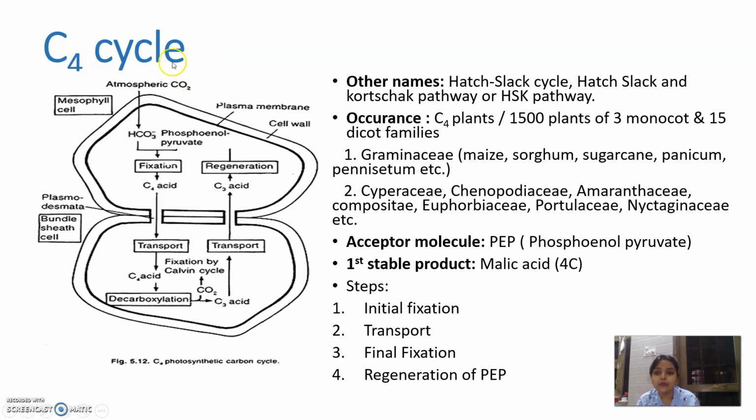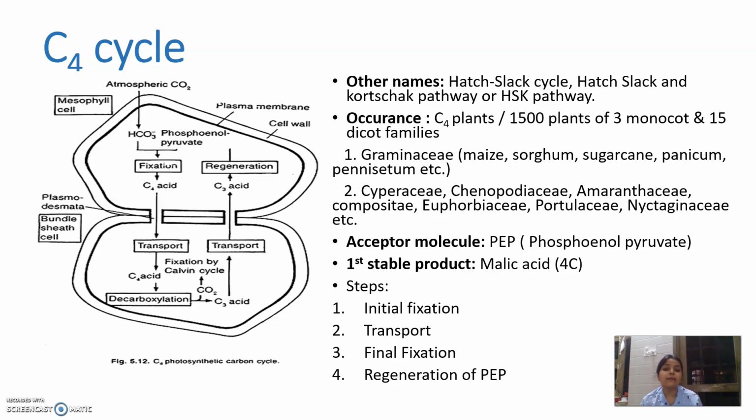In this cycle also, the fixation of carbon dioxide occurs, as it is a part of the dark reaction in photosynthesis, in which carbon dioxide is fixed to produce sugars. Here, the first acceptor molecule of this carbon dioxide will be phosphoenol pyruvate.